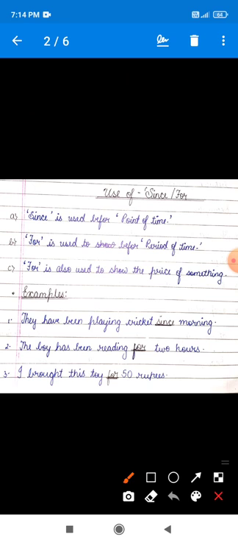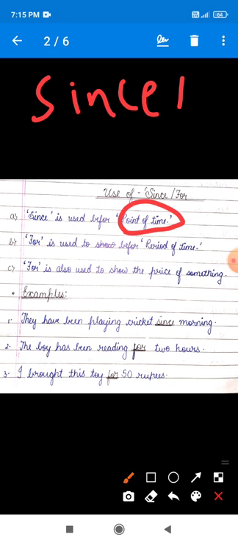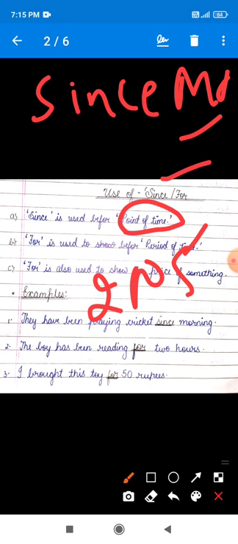So dear, I have mentioned here some points. You can see since is used before a point of time. Is that clear? So dear, we use since before the point of time, like since morning, since evening, since Monday, since 2005, since 5 o'clock.